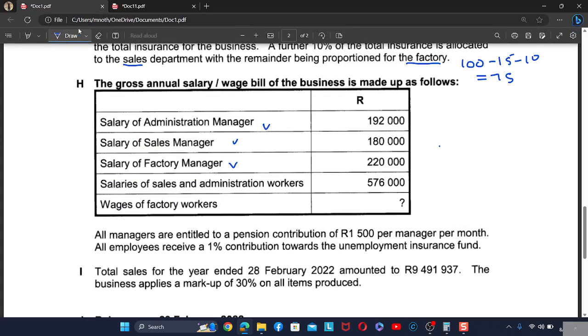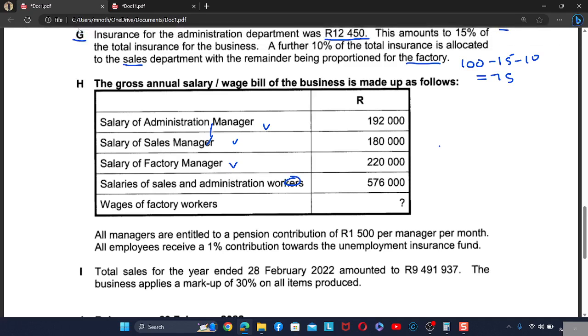So we can see that these ones have nothing to do with the factory, and also this one. And then we have the wages of the factory workers. Now this one, yes, it's for the factory, but this one is the direct labor. The direct labor and the direct material, we do not record them under the factory overheads. So meaning that the wages of the factory workers, we will not record them under factory overheads.